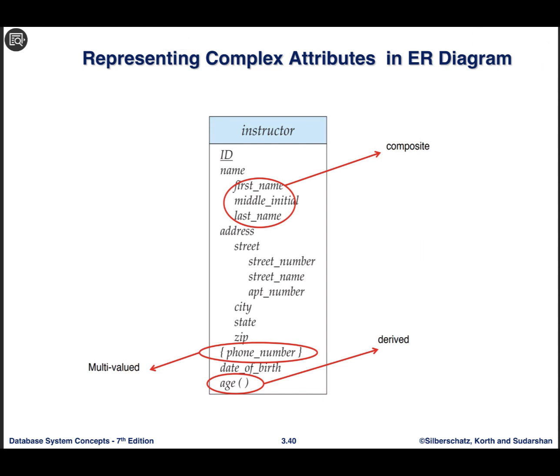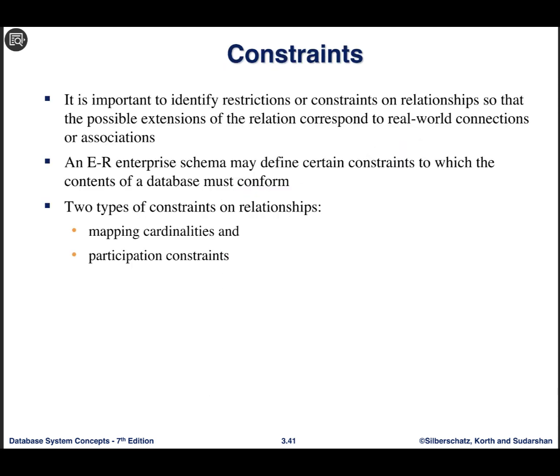So now let's take a look. How can we enforce or specify constraints or restrictions on the relationships? The ER enterprise schema may define certain constraints, specifications, or rules to which the database must conform, must follow, must be satisfied.